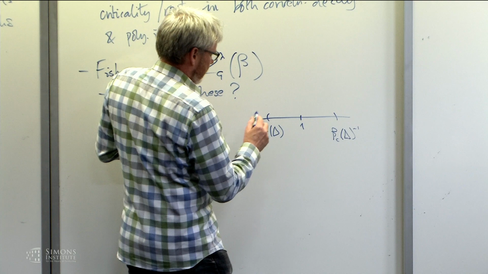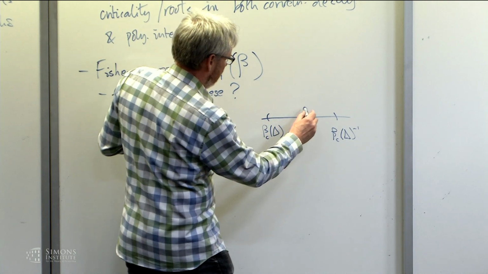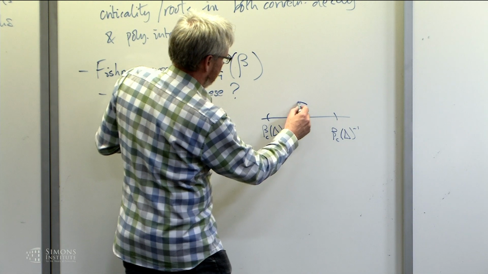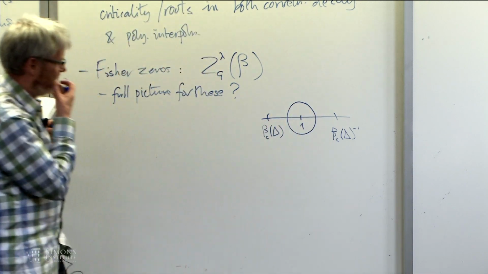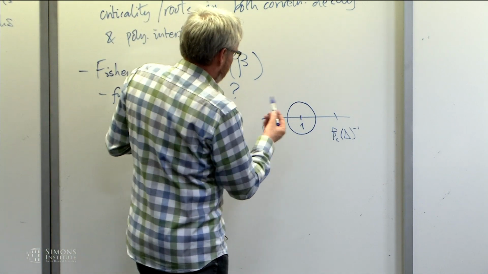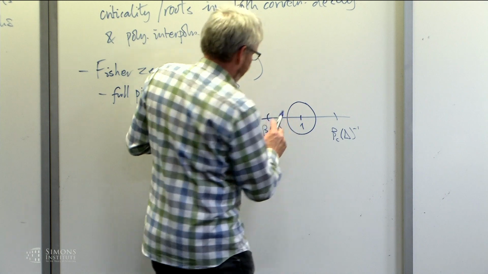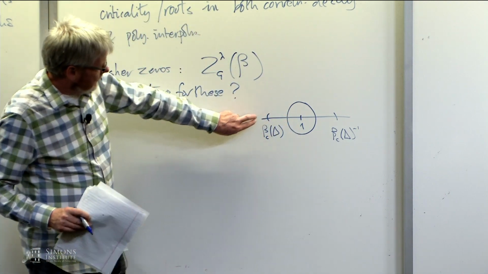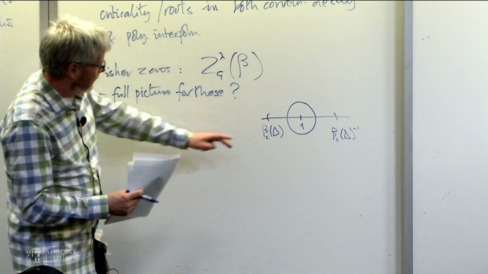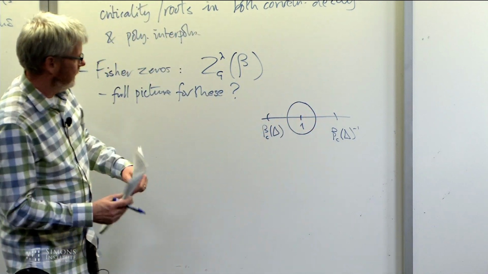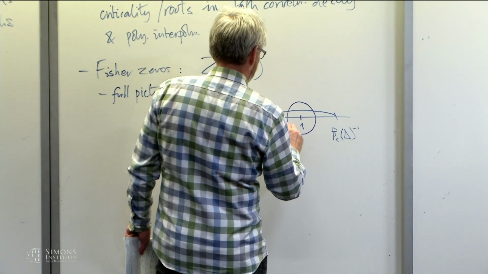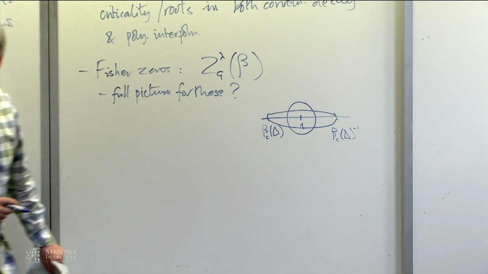One thing that Sasha showed was that there's a circle around 1 in which there are no Fisher zeros. Another thing you can show is that essentially there's a strip around this entire region of uniqueness in which there are no Fisher zeros either. So there's a strip like this in which there are no Fisher zeros.